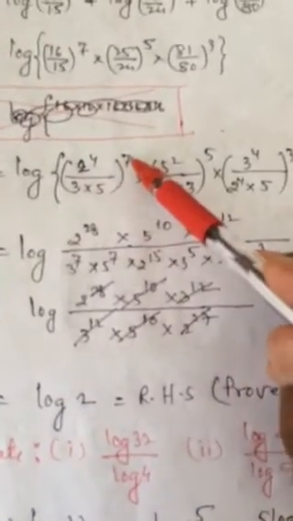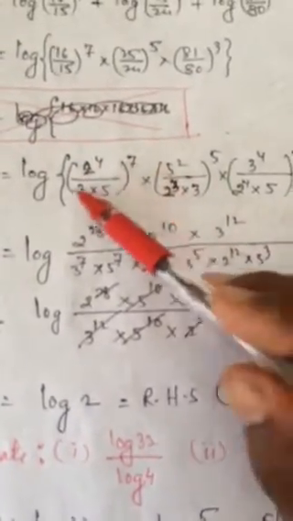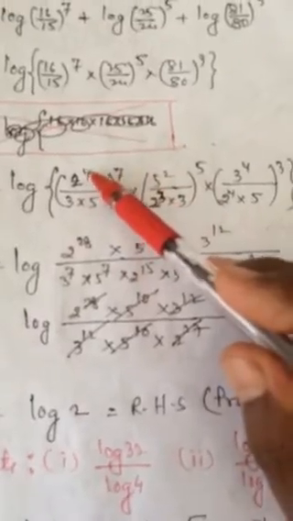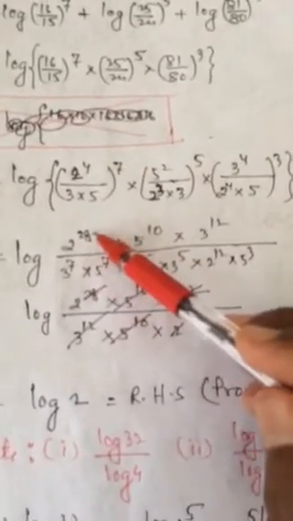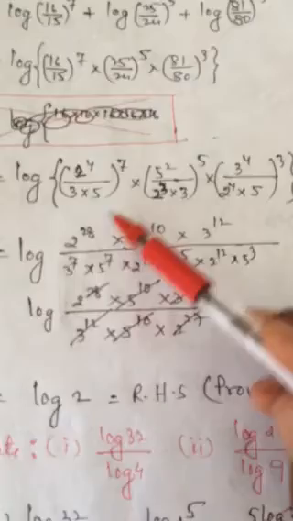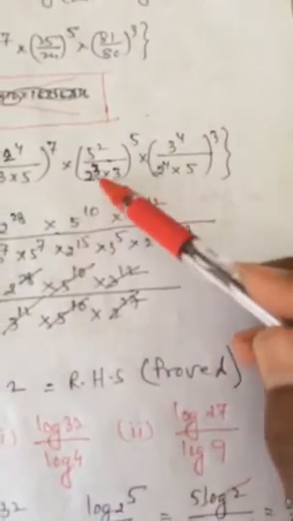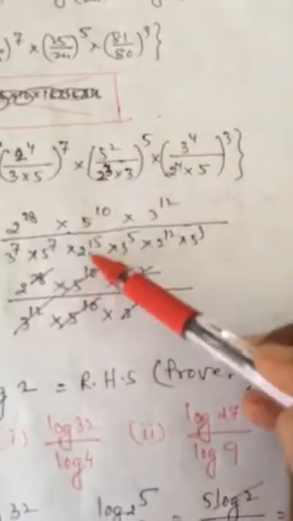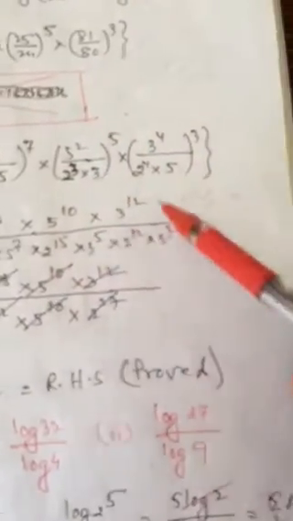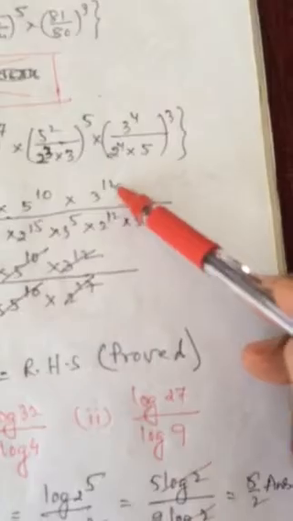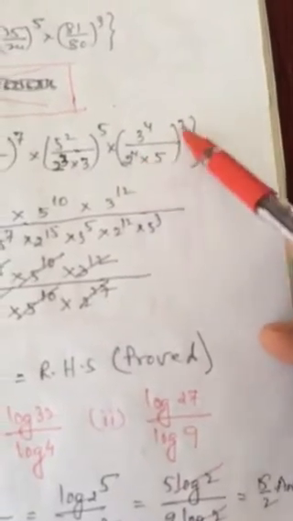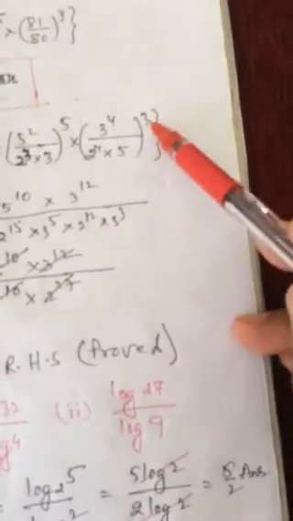Now this power comes to all the numbers: 7 fours are 28, 2 to the power 28, 3 to the power 7, 5 to the power 7, 5 to the power 5 times 2 is 5 to the power 10, 2 to the power 5 times 3 is 15, 3 to the power 5, 3 to the power 4 times 3 is 12, 2 to the power 4 times 3 is 12, 5 to the power 3.